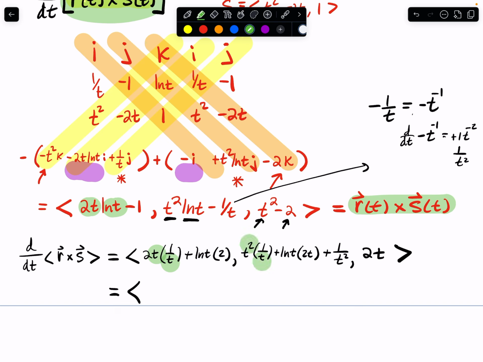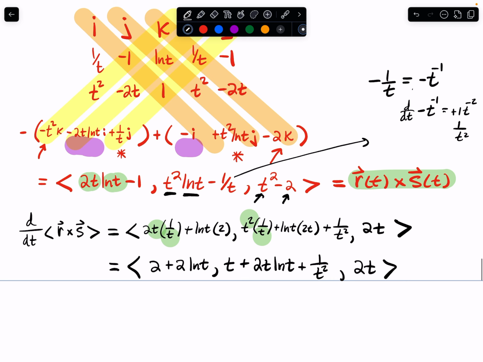One of the t's cancels with one of the t's there. And so I end up with 2 plus 2 ln t, comma, t plus 2t ln t plus 1 over t squared, and then 2t.